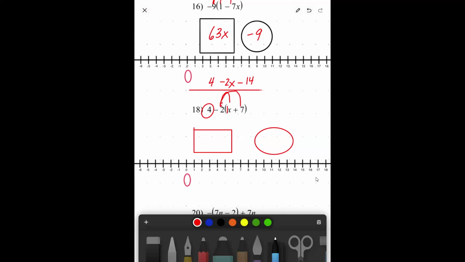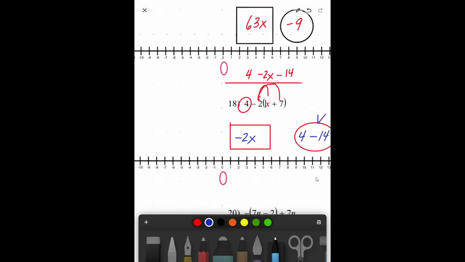The 4 is going to go here in the circle. The negative 2x is going to go in the box. The negative 14 is also going to go in the circle. Now, this one right here needs to be simplified. So I'm going to start by going to 4, which is right here, and since it's a negative 14, I'm going to go left 14.